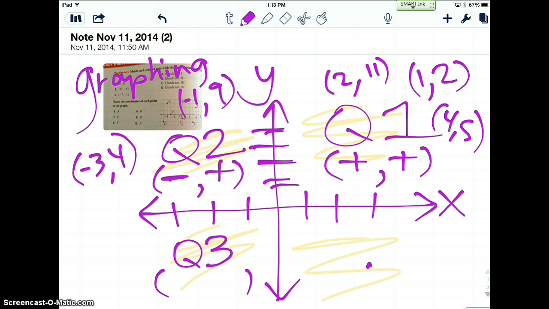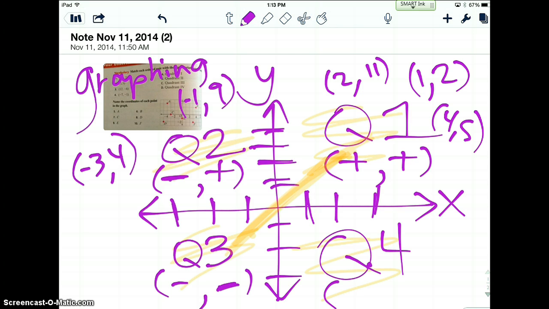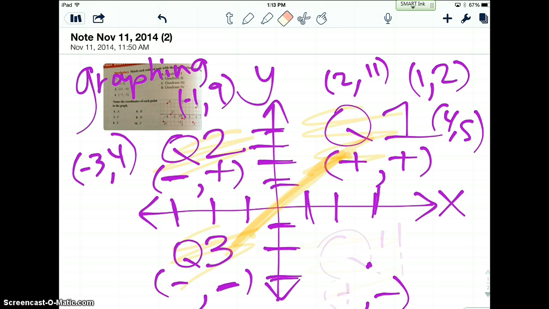My X values are negative and my Y values are negative. Both are negative. I have positive, positive over here, and diagonally across it is negative, negative. And then we end with quadrant 4, where the X values are positive and the Y values are negative. So those are my quadrants.